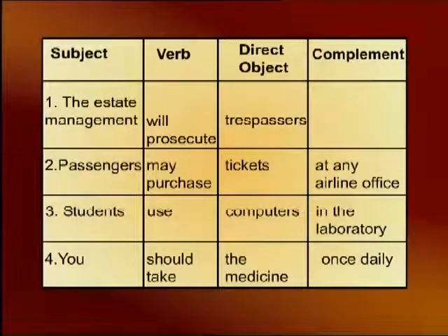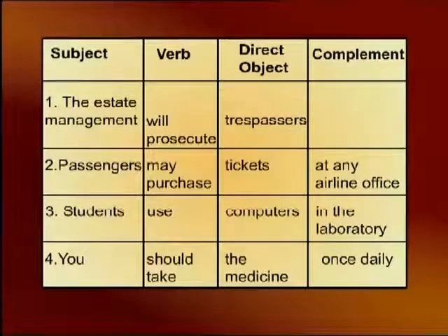Now, in an active voice sentence, the verb has a direct object. The first sentence: the estate management will prosecute trespassers. The verb is will prosecute, and the verb has a direct object.